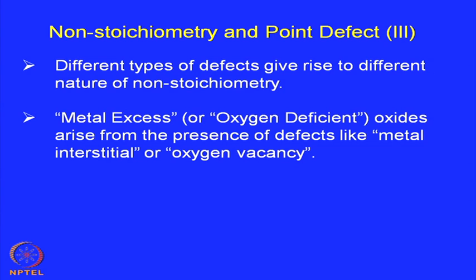If one is metal excess, one can also express the same thing as oxygen deficient, and again these can arise from either metal interstitials or oxygen vacancies. For a metal excess oxide, additional metal ions may be introduced inside the lattice as interstitials, or oxygen vacancies may be created, which will lead to the same effect.